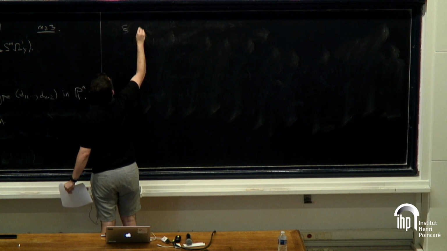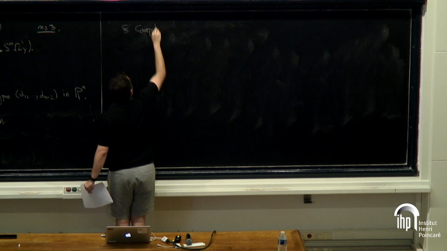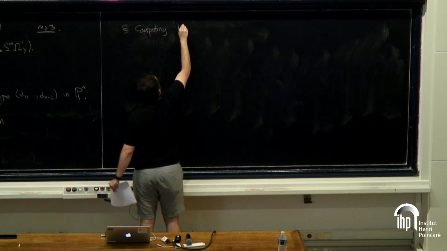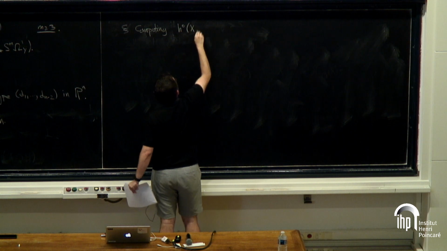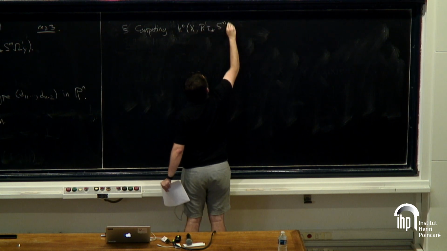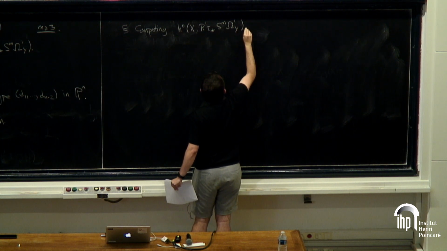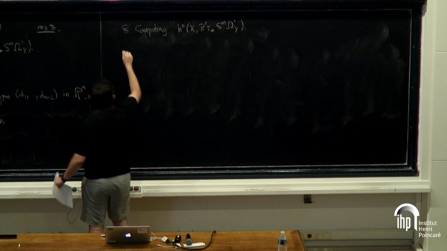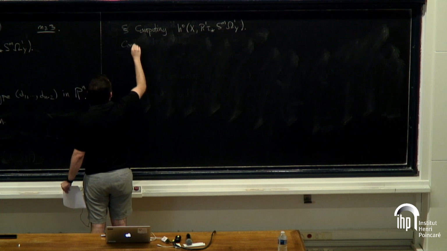So computing this H0 of x R1 tau lower star of Sm omega 1 y. Okay, so the idea is we compute node by node.